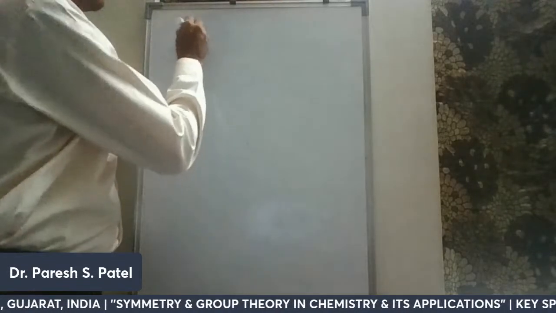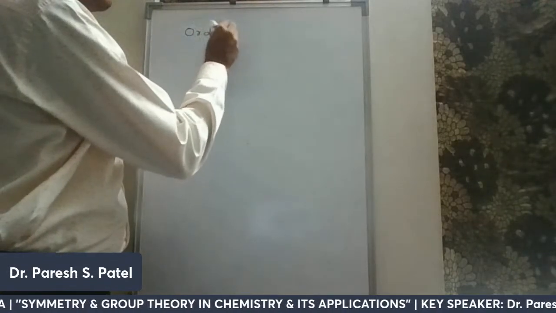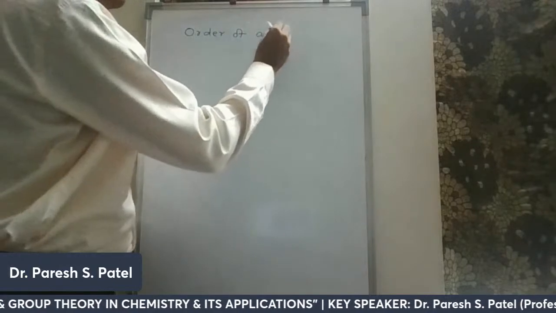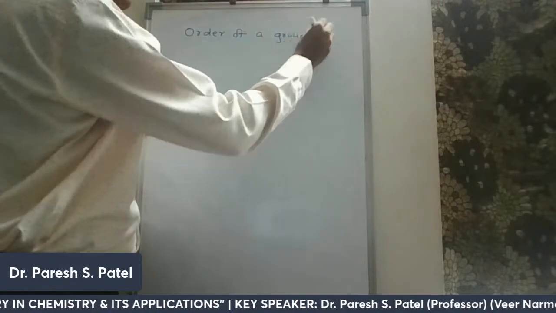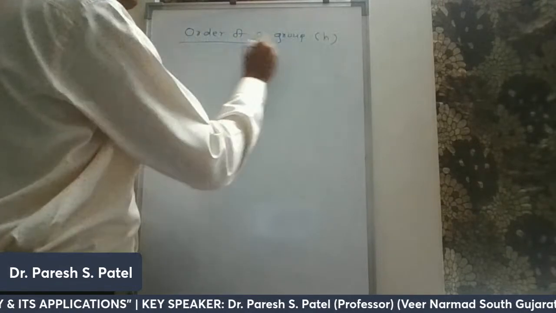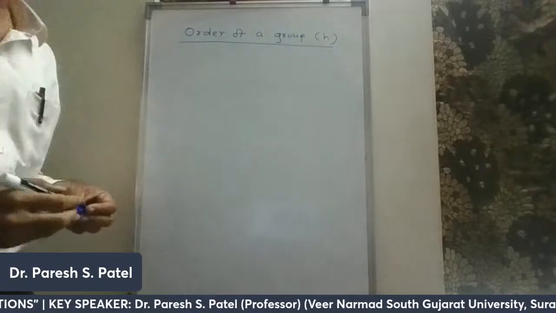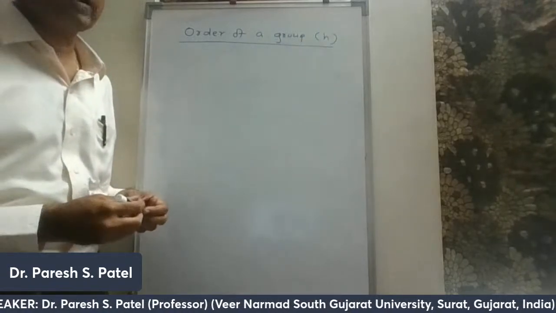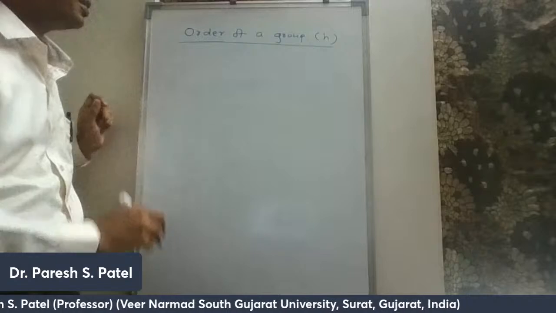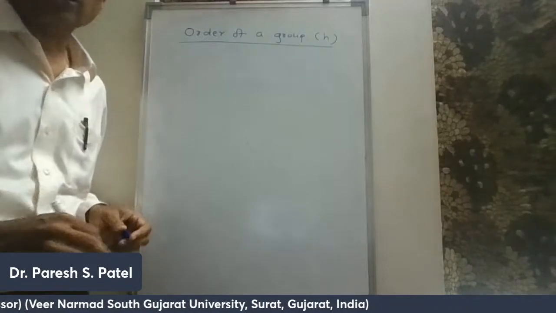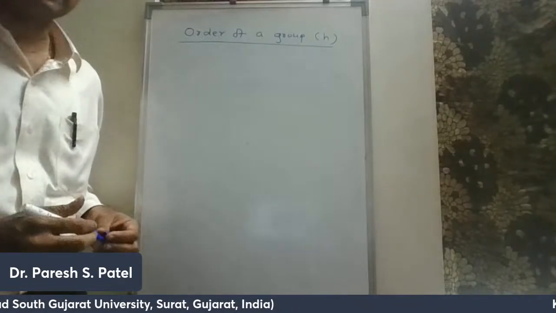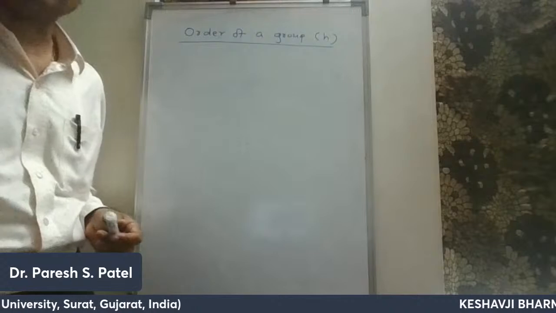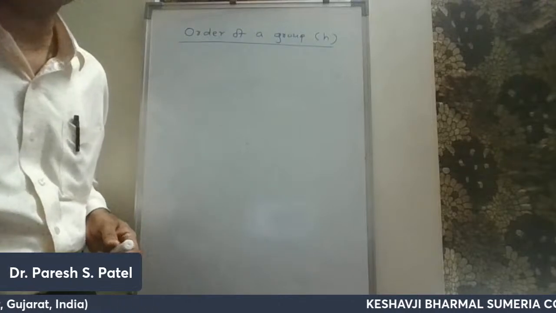Now the next topic is the order of a group. The order of a group can be represented by small h. And what is the order of a group? The order of a group is the number of symmetry elements present in a molecule.